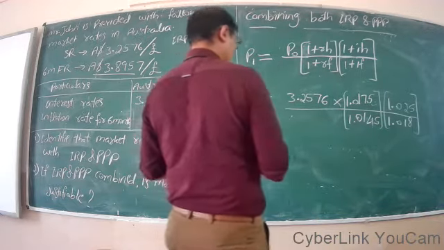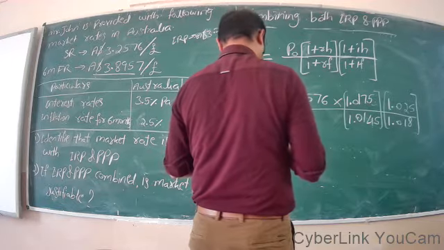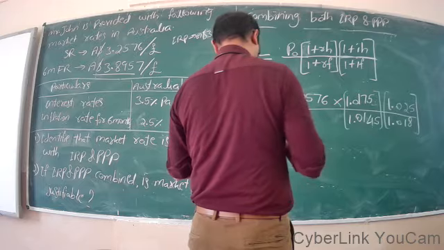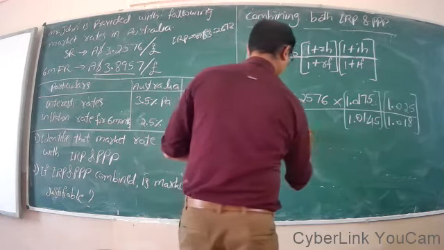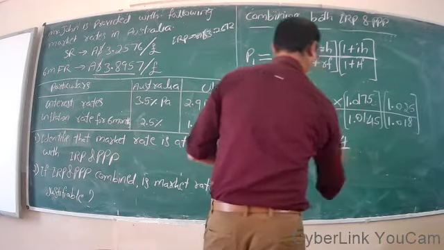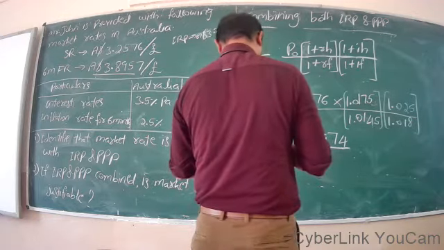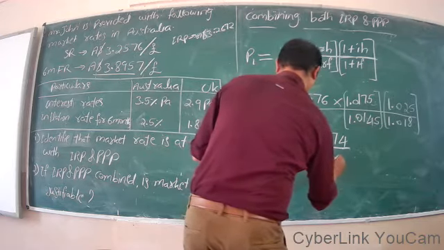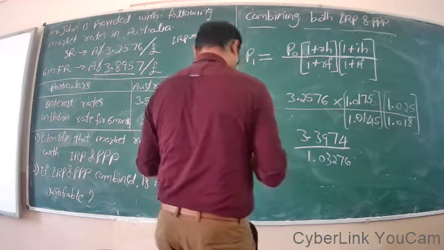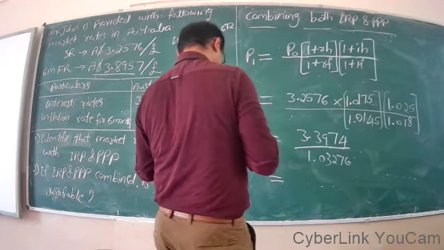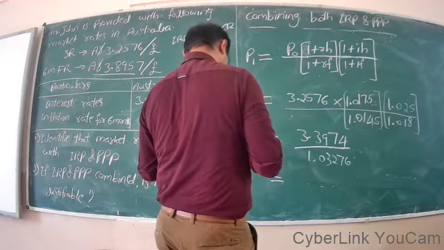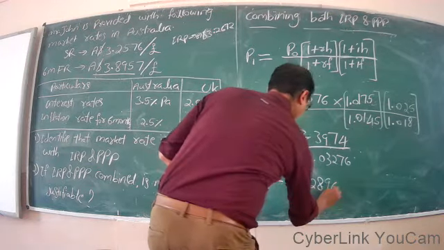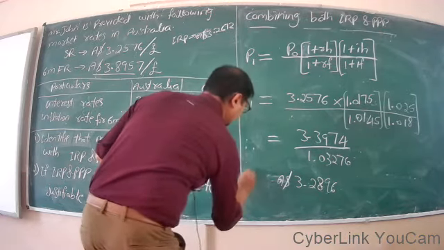So if you calculate, it comes to $3.2896, Australian dollar for 1 sterling pound.